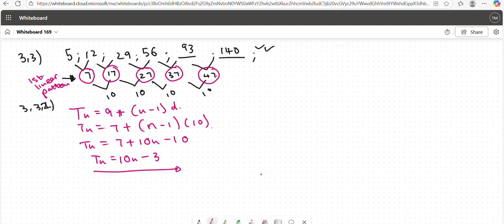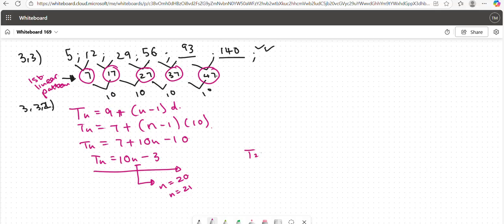So when they got this, they realized that no matter what n value I substitute there, whether it's even or odd, the fact that I have that negative 3 and that 10 there means it will always give me an odd number. You can even try it yourself. Maybe substitute n as an even number, any even number like 20, and then substitute n as 21, and compare those two.